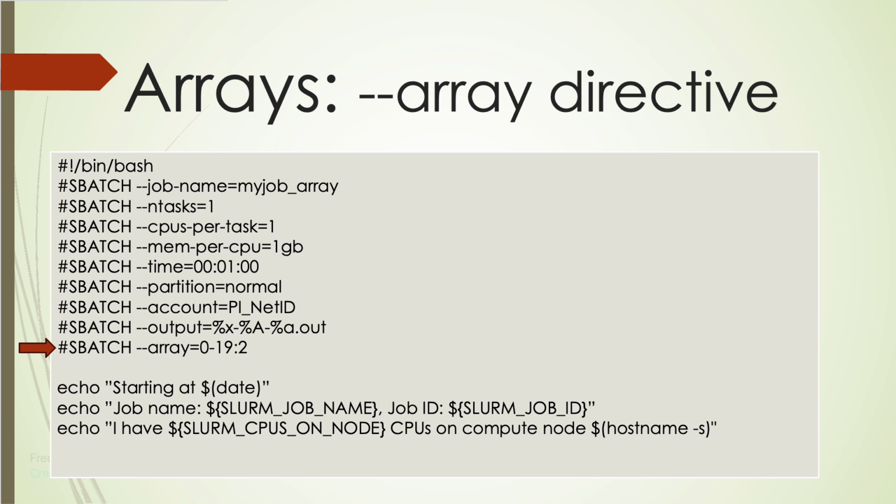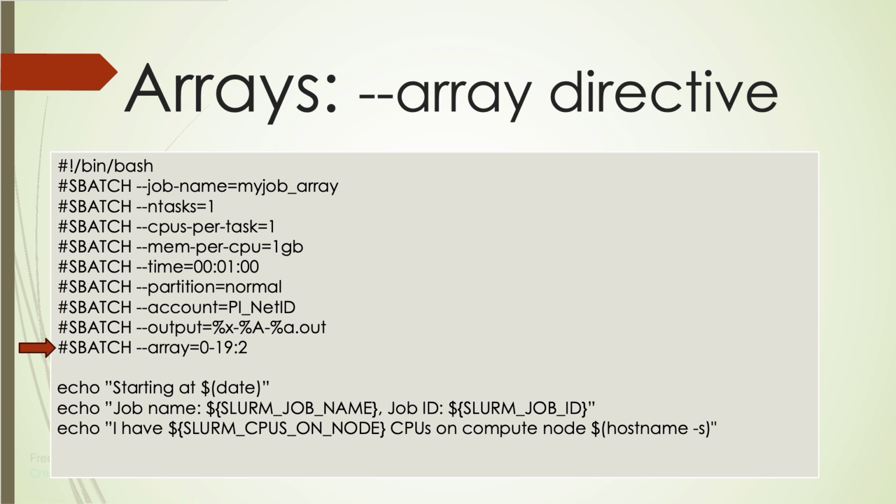If we want to run it on every other subject starting on the first one, which has index 0, then we would write --array equals 0-19:2, meaning every 2 indexes.